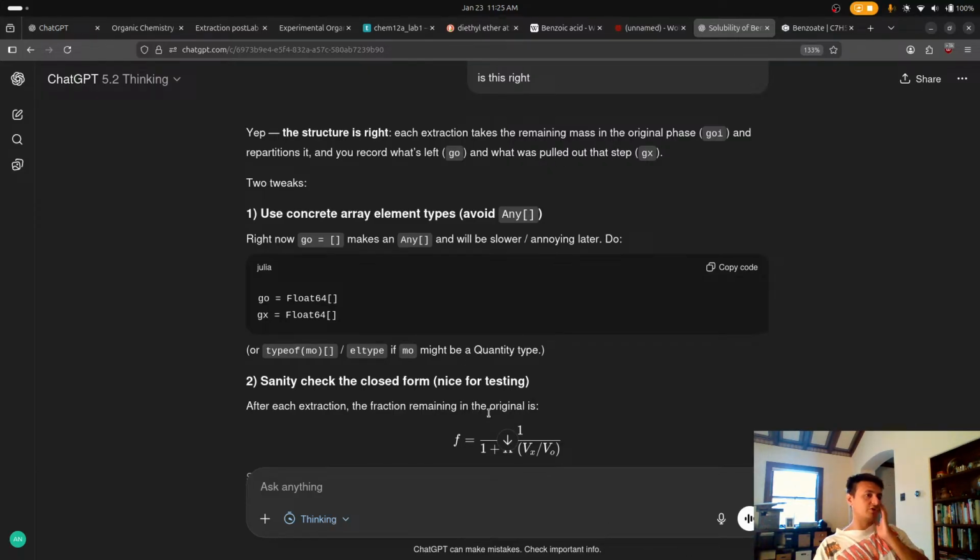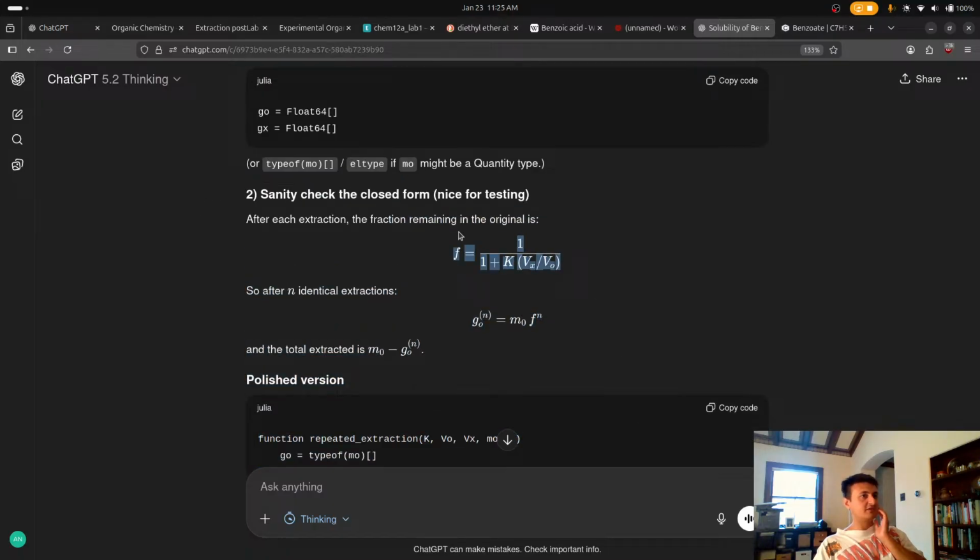Yeah, that's true. Okay, I actually get this formula now. This formula makes sense now because this is the fraction. Oh, wow. Okay, now I get it.